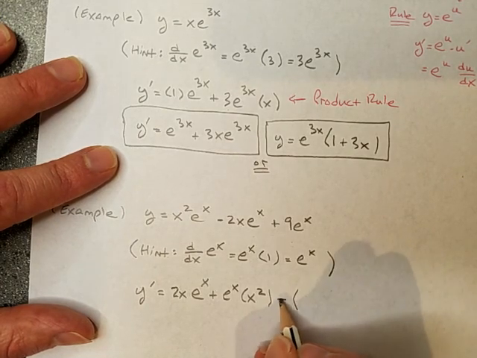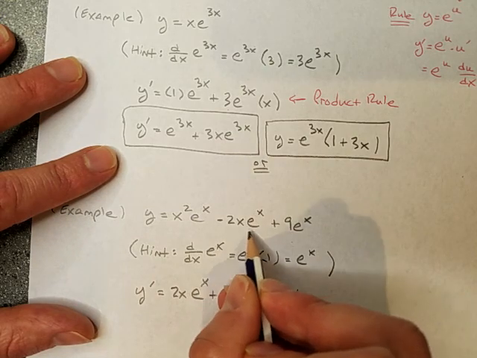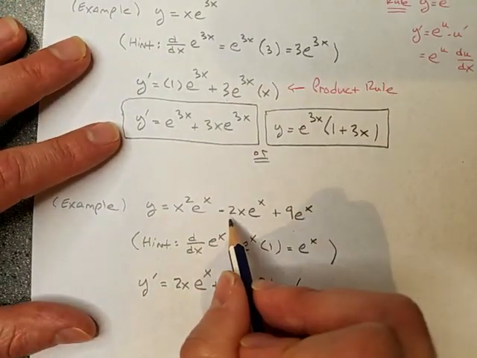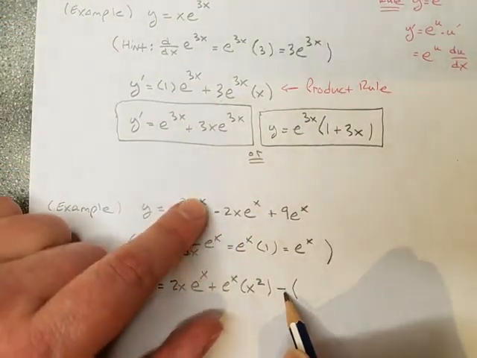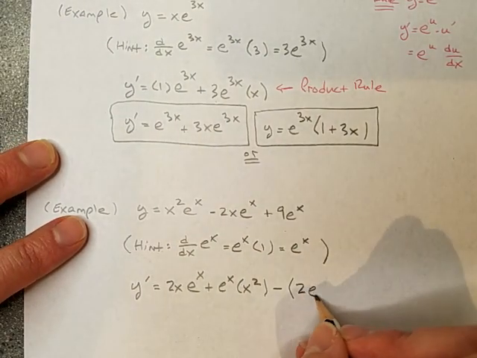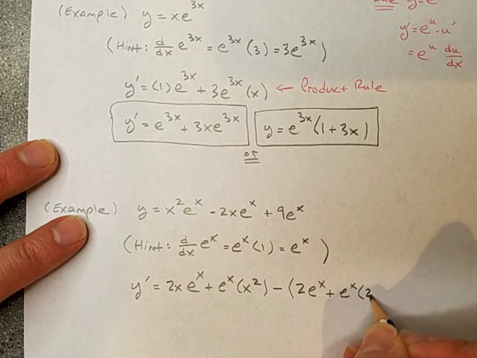That minus would apply to the derivative of this, but that would require the product rule. What's the derivative of 2x e to the x? That goes in here. This minus that I carry down applies to all of it. So that would be 2 e to the x plus e to the x times 2x.